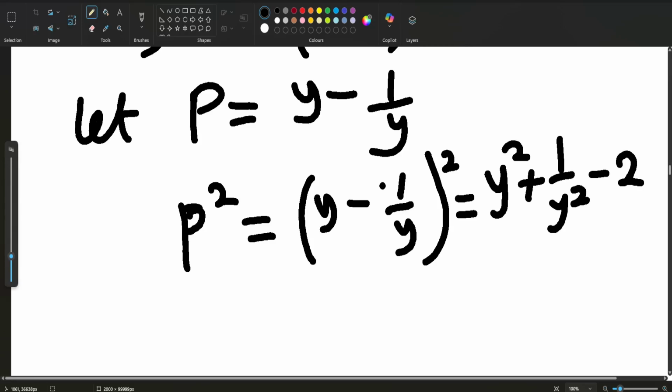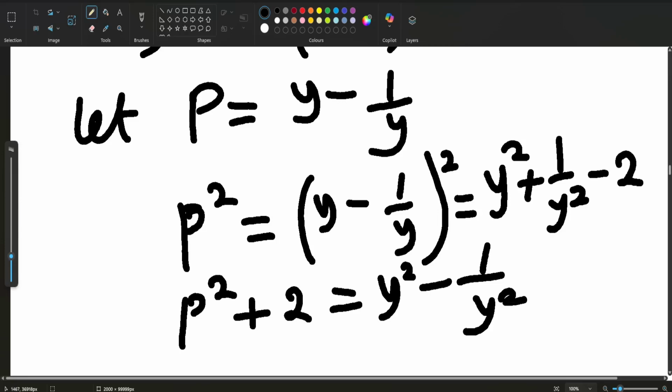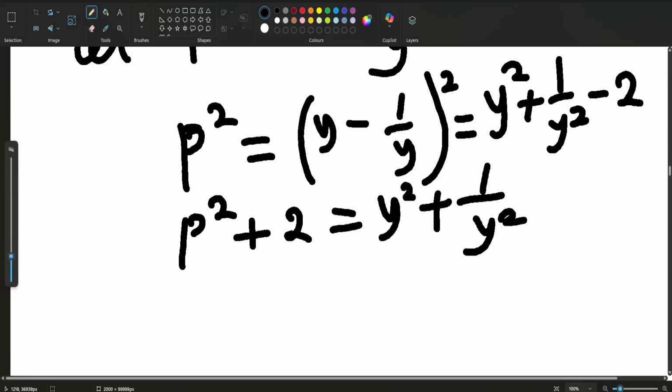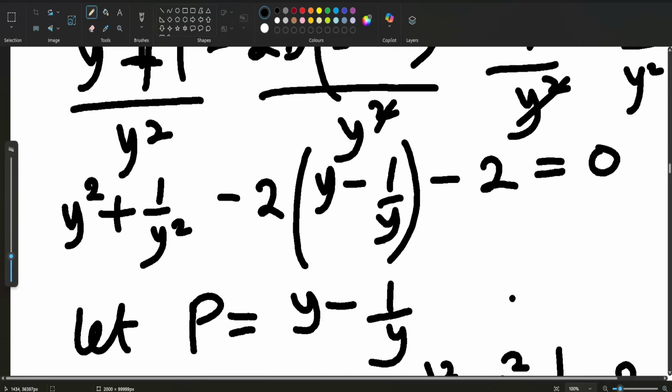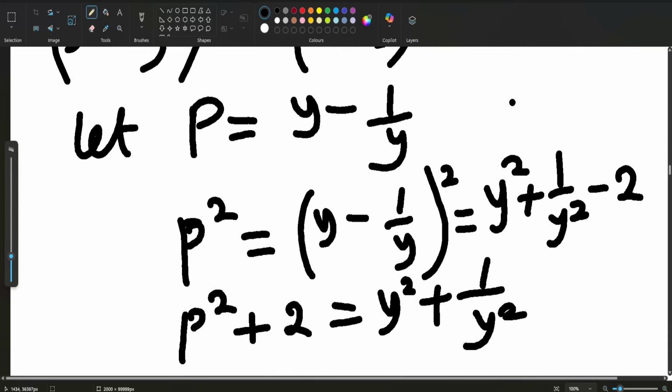Okay, so by the time you bring this 2 to the other side here, that will be p squared plus 2 equals y squared plus 1 all over y squared, right? So this particular expression is similar to what we have here, so we can now substitute this.